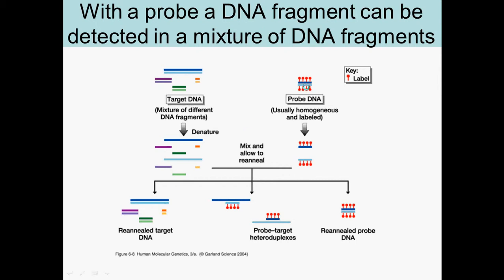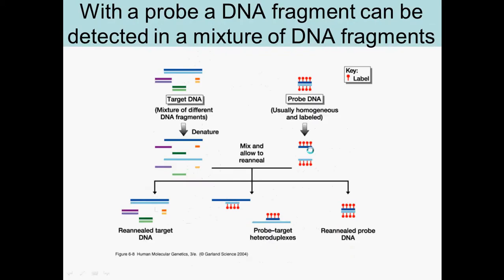So you have probe double strand, target DNA double strand, you heat it up to denature it to break the hydrogen bonds, and then they're going to anneal, and the ones that have the right sequence will anneal, and these didn't have targets, so they didn't anneal, and these anneal back together, the probes.